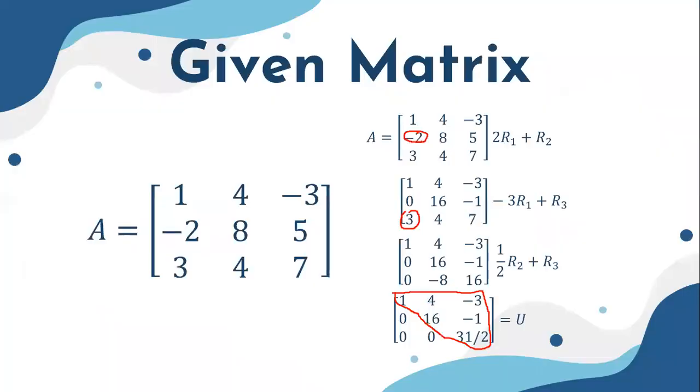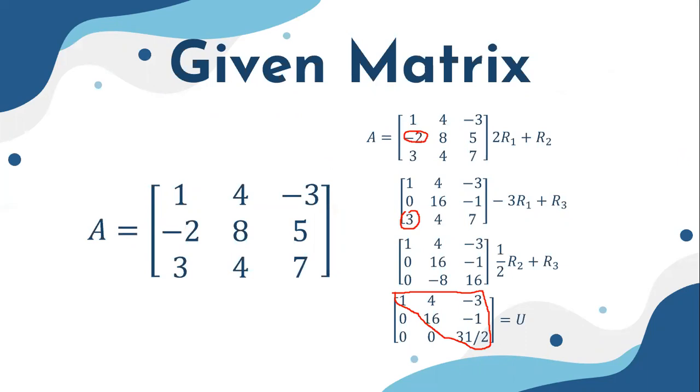Okay, so now we are looking at this matrix A, which is 1, 4, minus 3, minus 2, 8, 5, 3, 4, 7. We will first try to turn the minus 2 in the second row into 0. And we can do that by adding 2 times row 1 into row 2. And we'll get 16 minus 1. Okay, very nice.